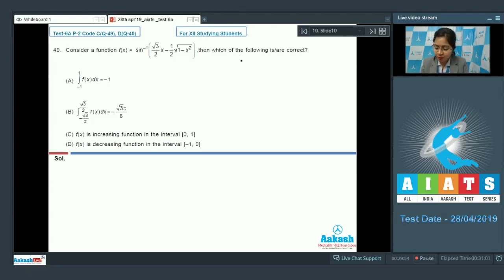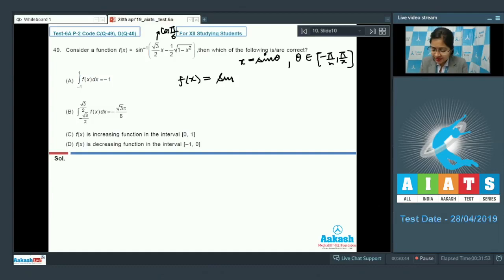So let us here put x equal to sine theta, where theta belongs from minus pi by 2 to pi by 2. So we will get f(x) equal to sine inverse of root 3 by 2, which can be written as cos 30, that is cos pi by 6, and x is sine theta.